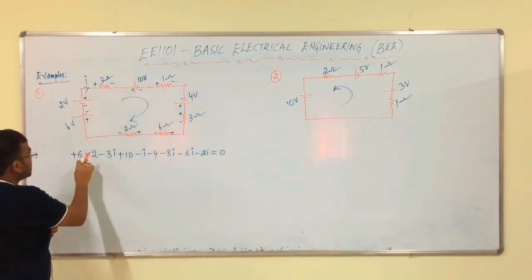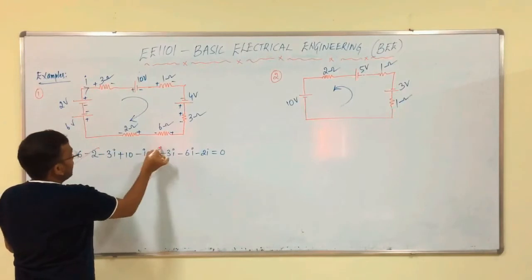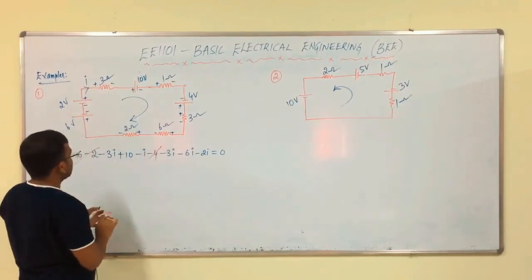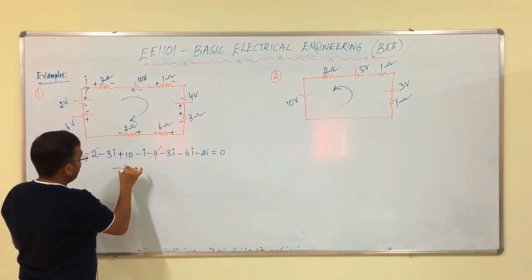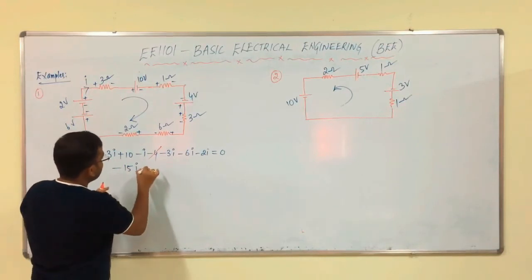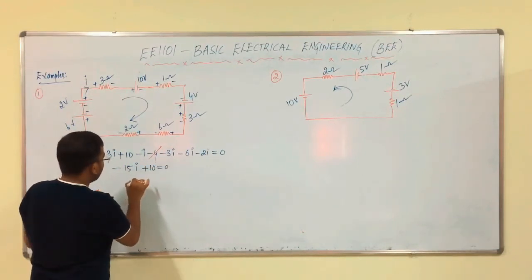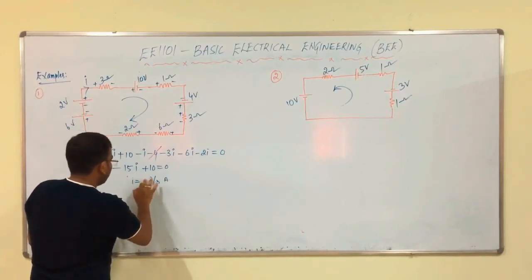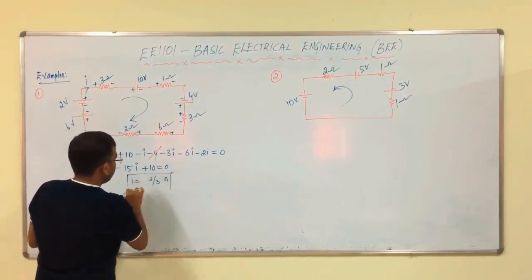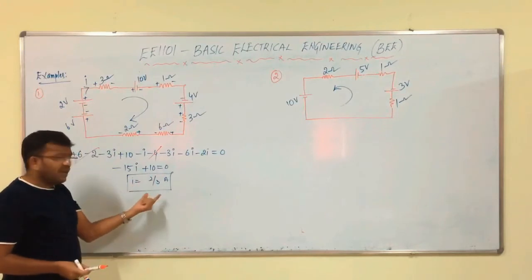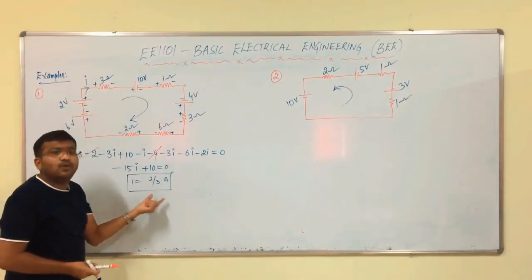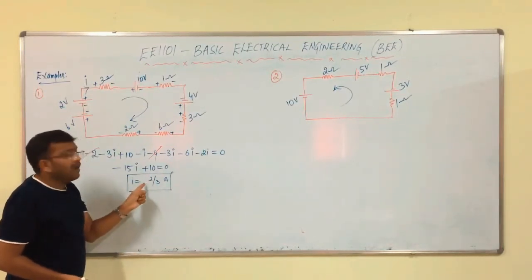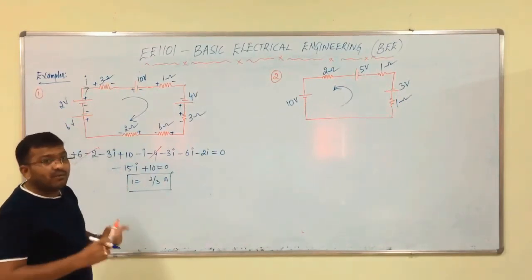From this, plus 6 minus 2 plus 4 minus 4 cancel, and we have minus 15I plus 10 is equal to 0. I is equal to what? Minus 2 by 3 amps, sorry, plus 2 by 3. We are getting the same value of current, 2 by 3 amps, but without the negative sign. In that case, we had minus.